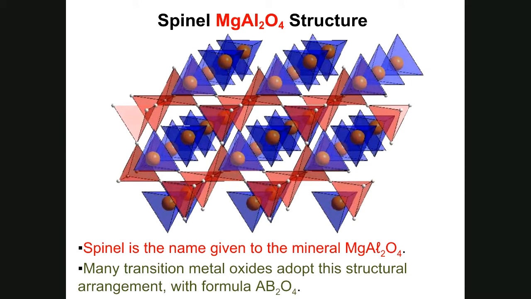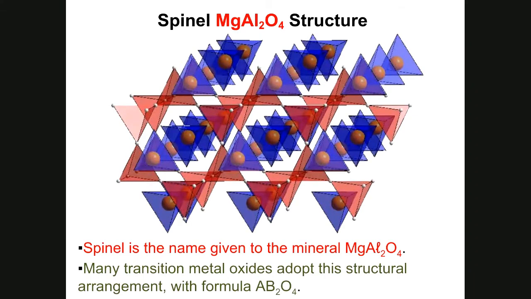And this is a very important point where the crystal field theory comes in as a very handy criterion or tool to deduce whether a particular ion will go into an octahedral environment or a tetrahedral environment. This is because of the similarity between the metal oxides of transition metals and the mineral spinel itself.